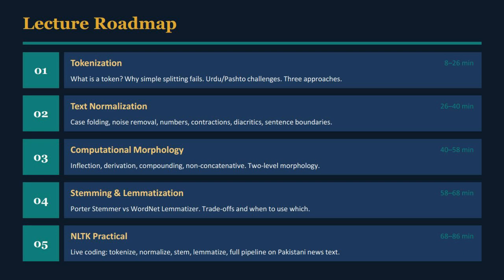Part 4 covers stemming and lemmatization, 2 key methods for reducing words to their base form. And part 5 is our full practical demonstration in Python and NLTK. By the end of this lecture, you will understand why reading words is harder for a computer than it sounds. And you will be able to apply these tools in your own research.